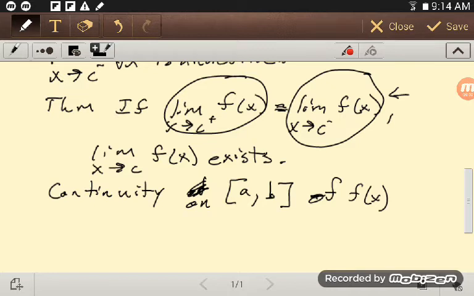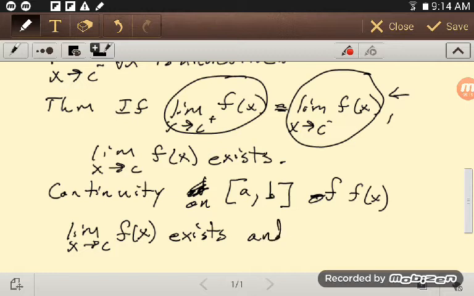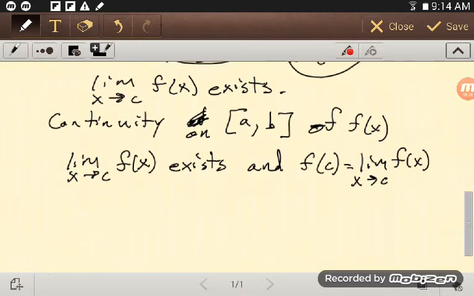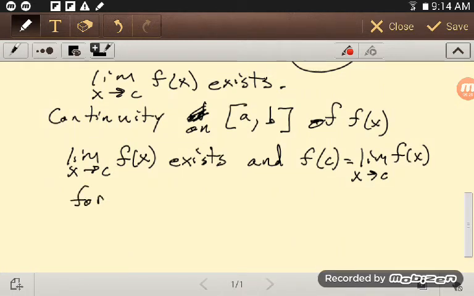What I need is that the limit as x goes to c of f of x exists, and f of c equals that limit as x goes to c of f of x, for a strictly less than c strictly less than b. So that would be on the open interval (a, b).